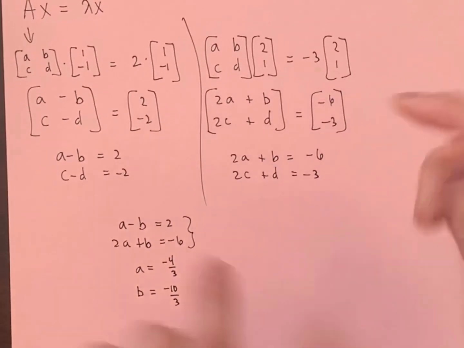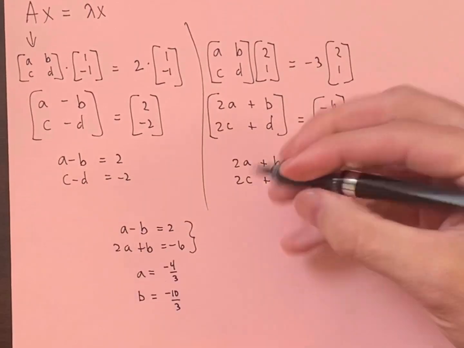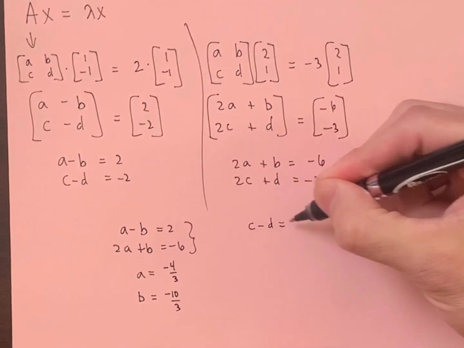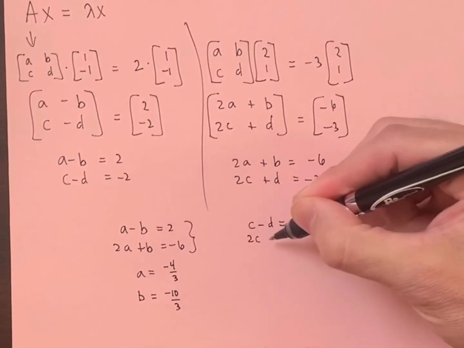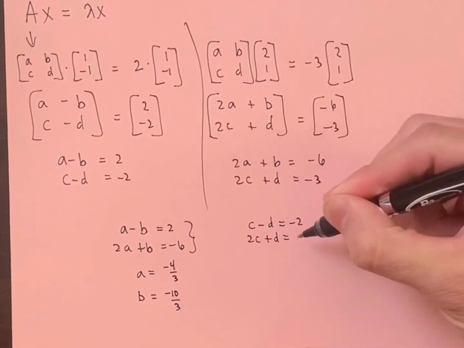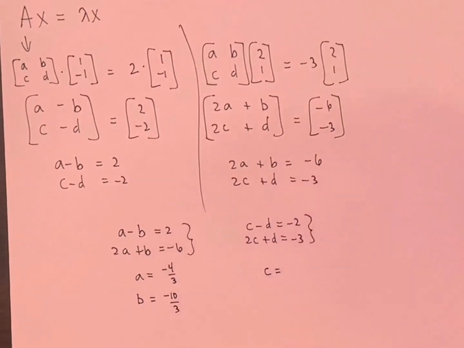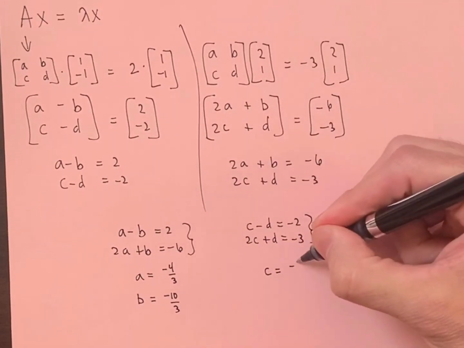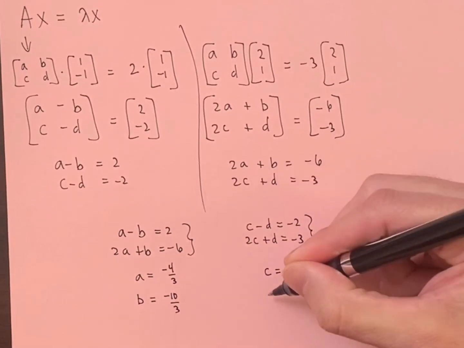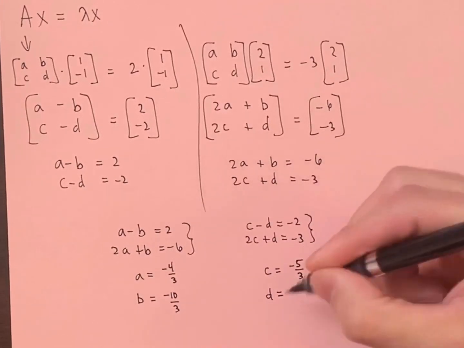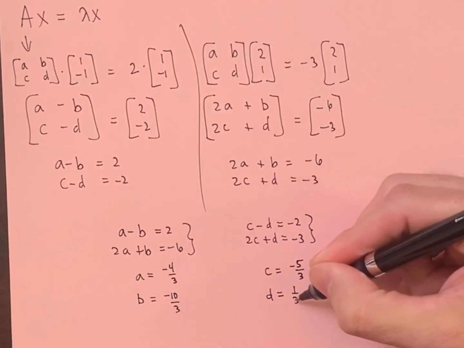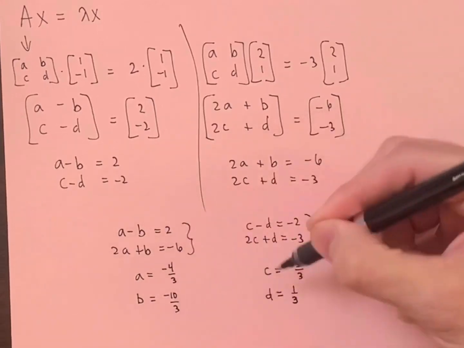In like fashion, we have the other pair of equations where C minus D equals -2 and 2C plus D equals -3. Solve that system to discover that C is -5/3 and D is 1/3. Again, I omitted the solving process because I know you can do that.